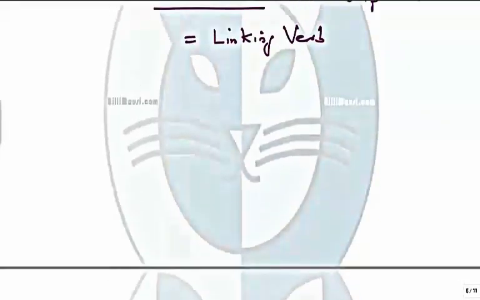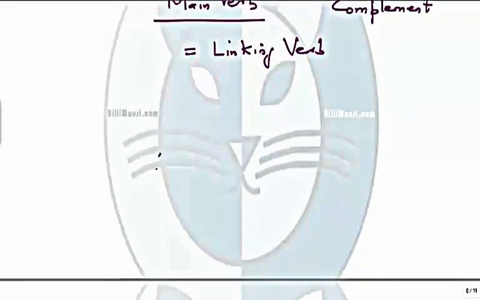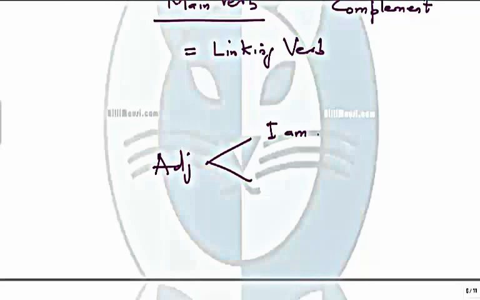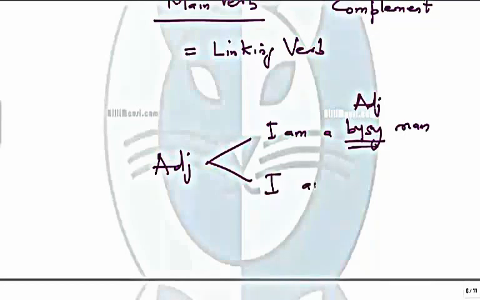Now, adjective can be easily understood if I say that I am a busy man. You will jump out and say that busy is an adjective here. But in the other case, when I say I am busy, this is the second case.